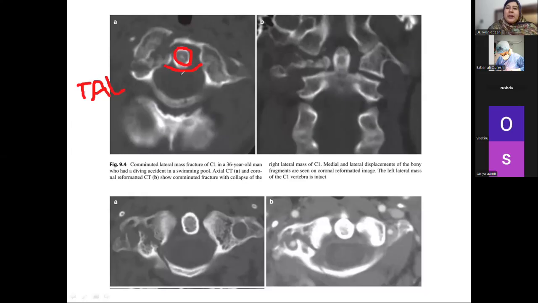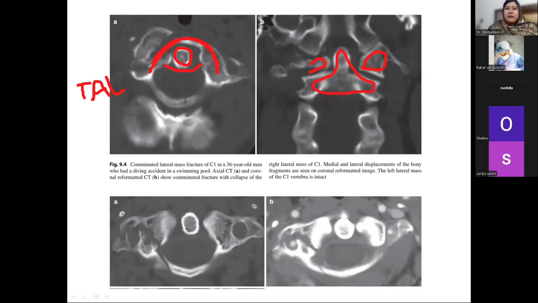So it keeps the odontoid in its place, and the movement that occurs at this joint between the atlas and the axis, that is C2, is rotatory movement.